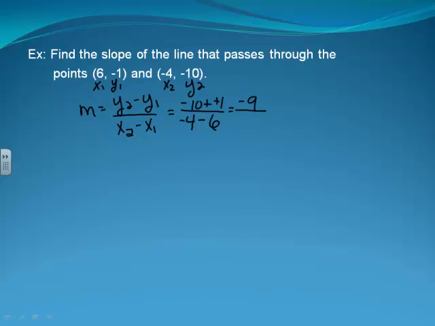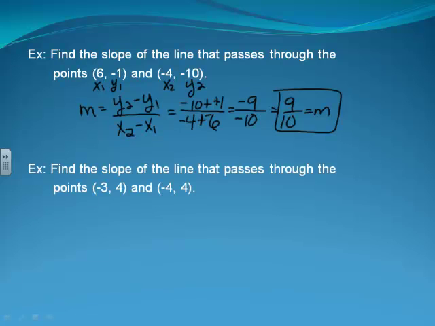Here again, -4 minus 6 is the same as -4 plus a -6, which gives you -10. Now here, negative divided by negative is positive, and it's always better to put positive rather than negative if given a choice. So negative divided by negative gives you a final answer of positive 9/10 for your slope.